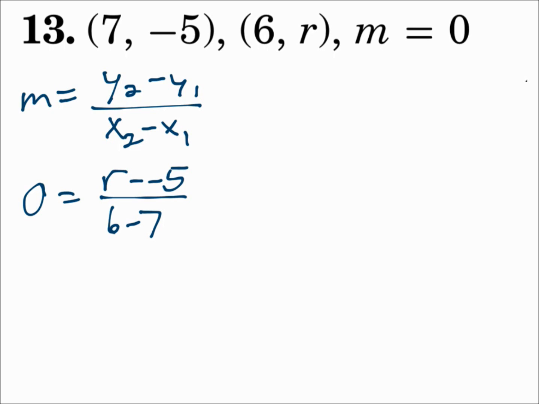Let's simplify that a little bit. R minus negative 5 is really r plus 5, and 6 minus 7 is negative 1. Now let's get a fraction on the left. Remember, any integer can be put over 1 to get a fraction, and cross multiply. 1 times r plus 5 equals 0 times negative 1.